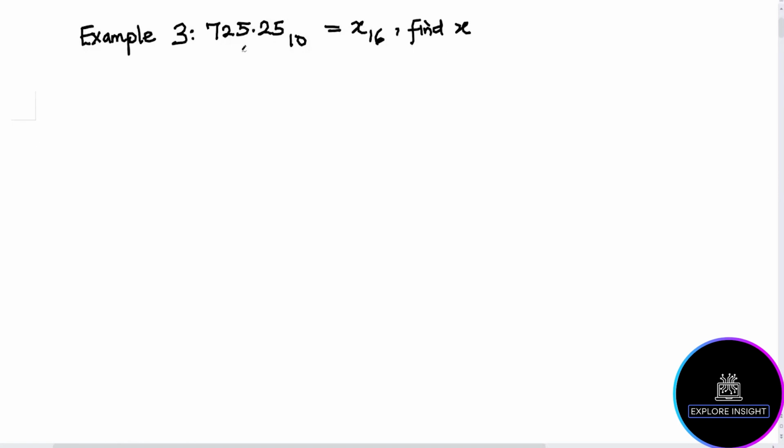Now all we have to do is to further divide this value as 725 plus 0.25. Now 725, we undergo a division process, while 0.25 will undergo the multiplication process.